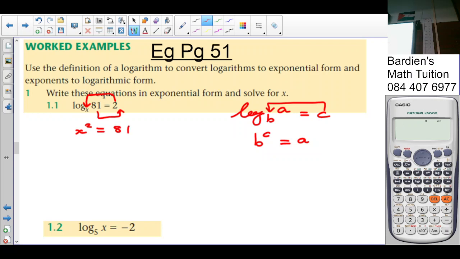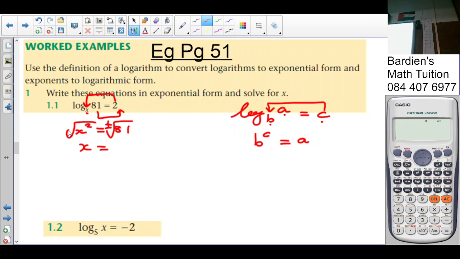So x squared is equal to 81. If we introduce the square root, we must not forget plus minus, so x is equal to plus minus 9. But the condition given to us is that your a and your b will always be positive.